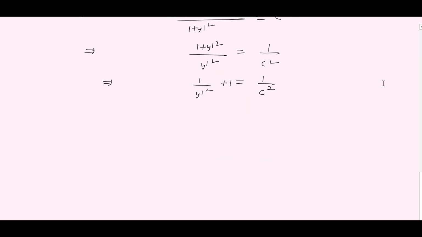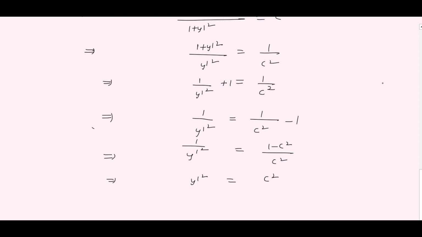So now here it implies 1 upon y' square is equal to 1 over c square minus 1. It will give 1 upon y' square is equal to (1 minus c square) upon c square, that is y' square is equal to c square upon (1 minus c square).